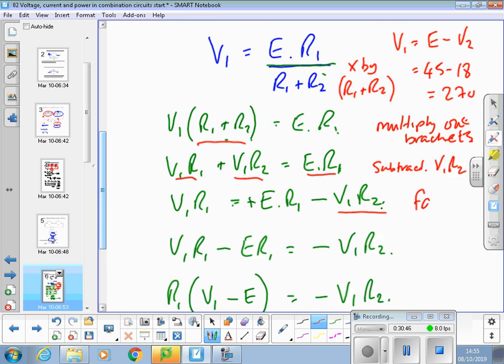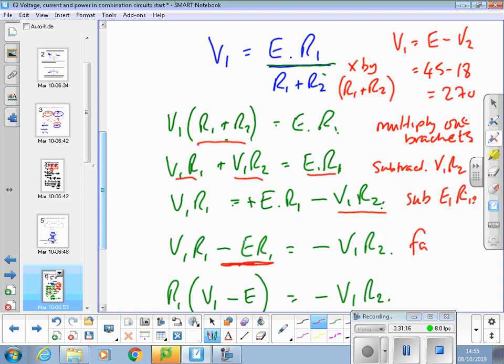Factorise R1. So that isn't what we did next, that's the next step. This one is subtract ER1. Taking that away. There it is, subtracted.